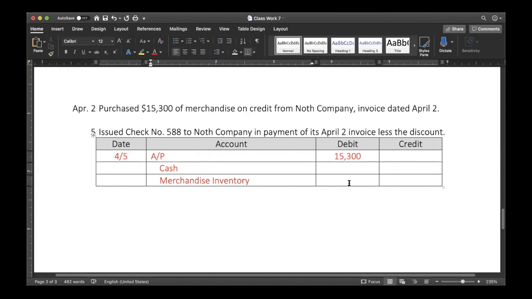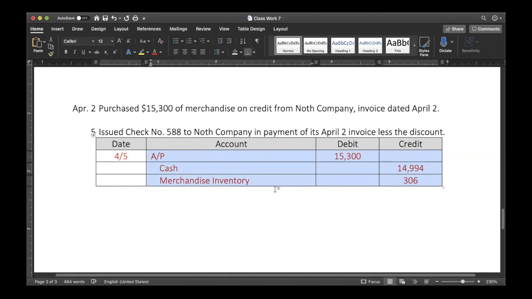It was a 2% discount. 2% of the $15,300 is $306. Therefore, the cash that we're giving them is $15,300 minus the discount of $306. It would be $14,994.